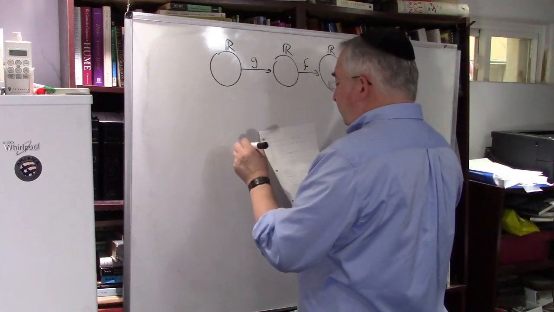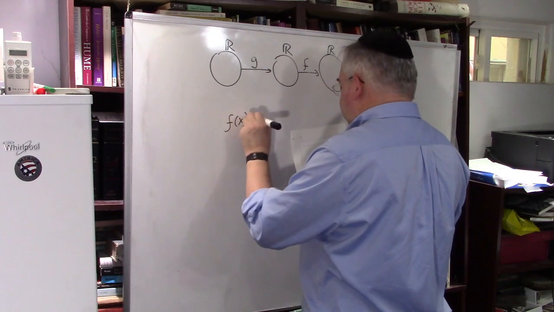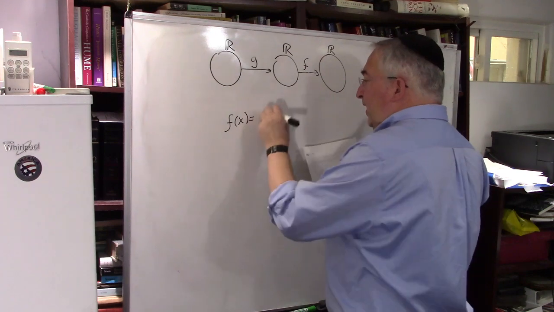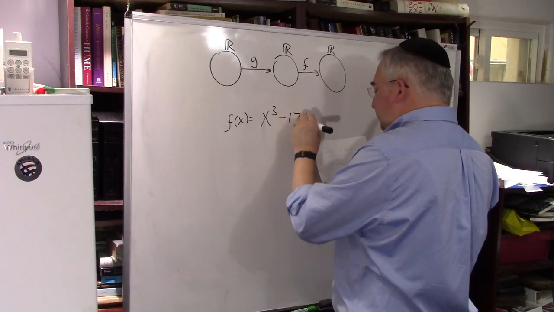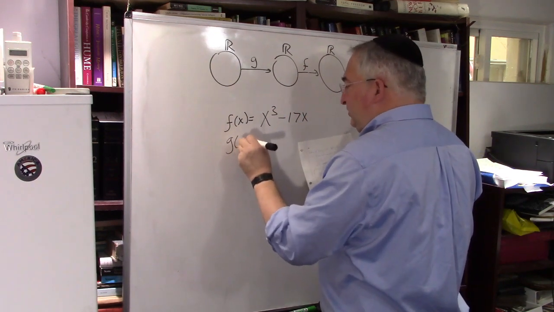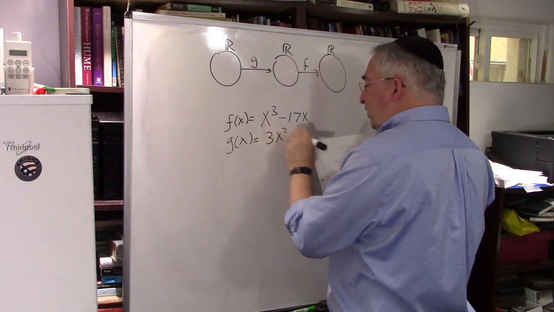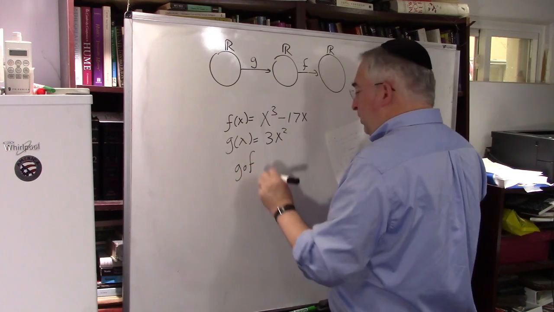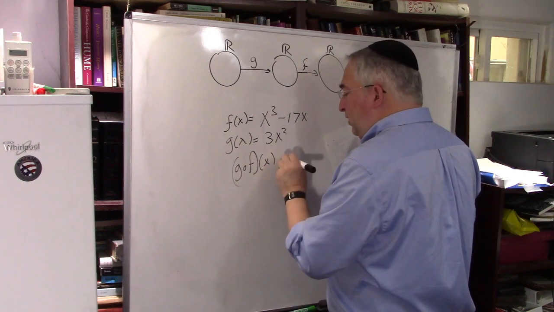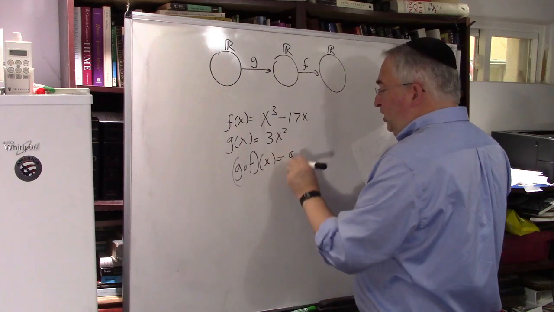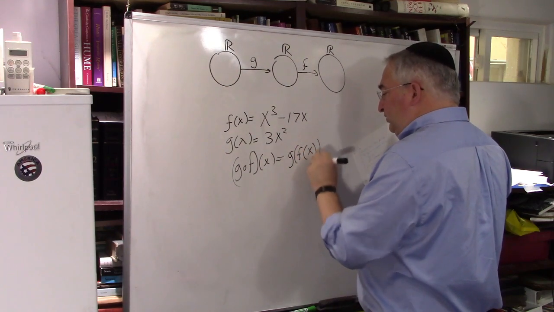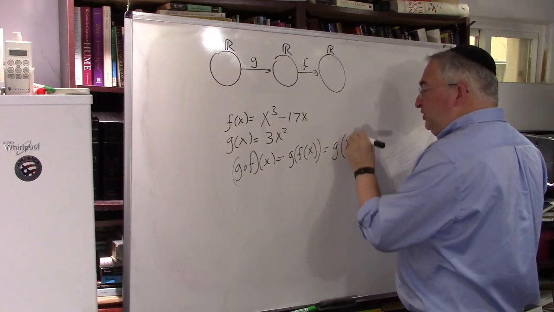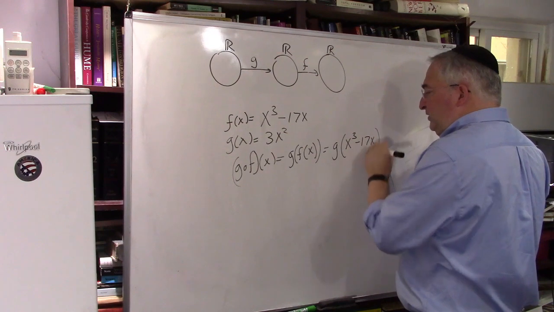Okay, here's another example. f of x is equal to x to the third minus 17x. g of x is equal to 3x squared. Okay? Then g composed f of x is equal to g of f of x, which is equal to, plug in f, this is going to be g of x to the third minus 17x.